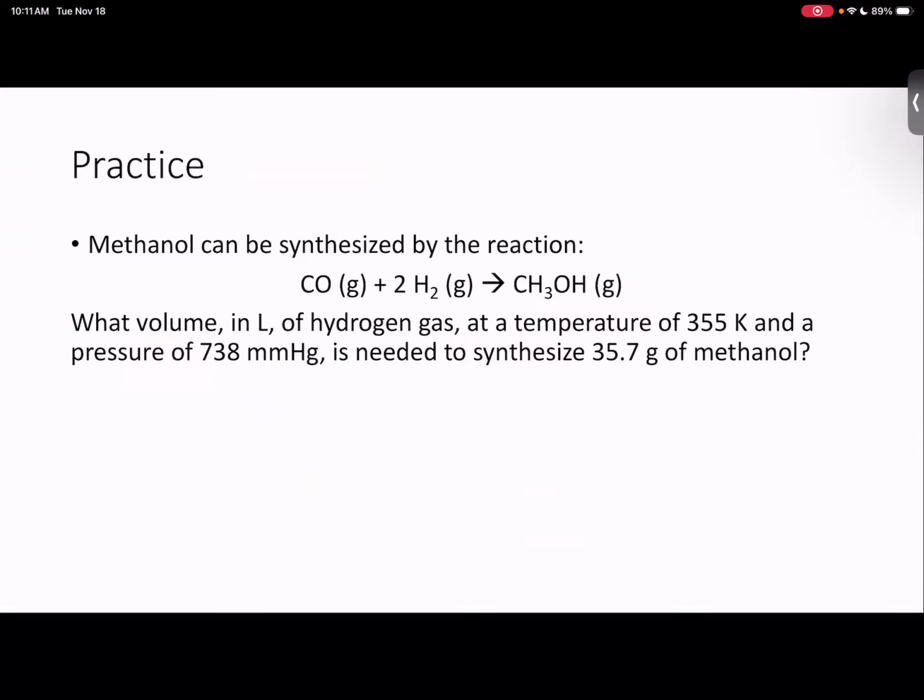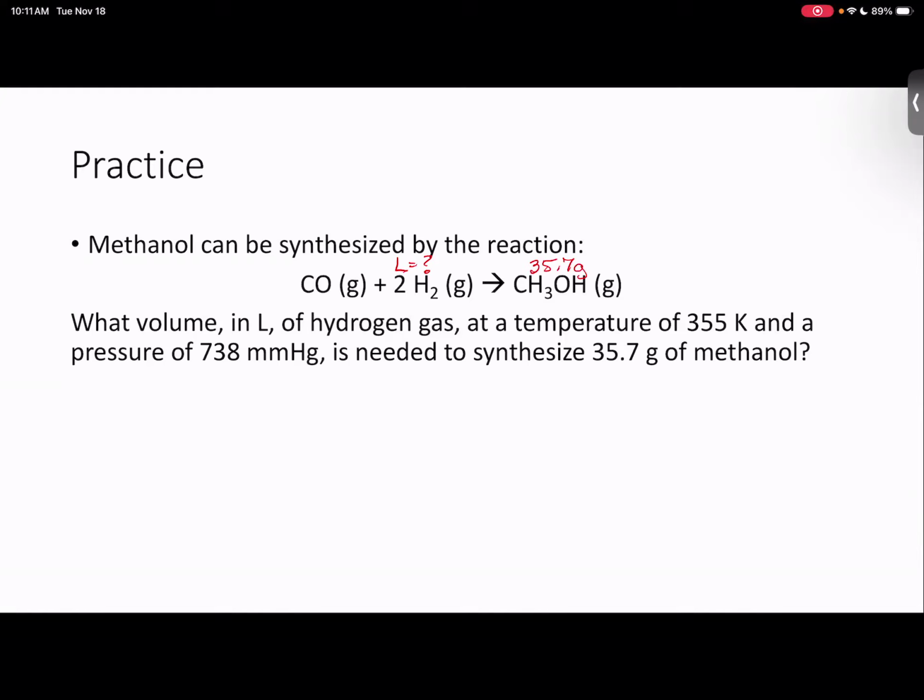Okay, so we have been asked to determine the volume of hydrogen gas. We never do anything with the substance we have the question about. We always start our calculation with the substance we know everything about, which in this case is our methanol.